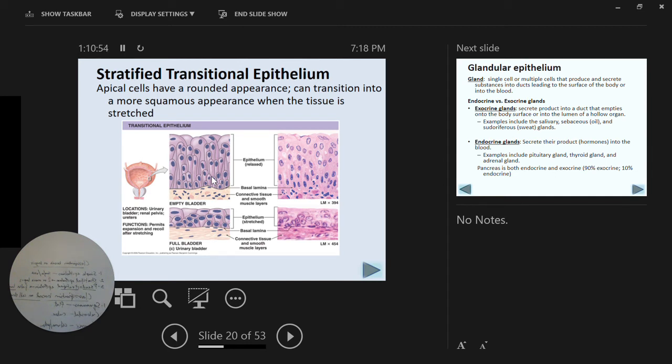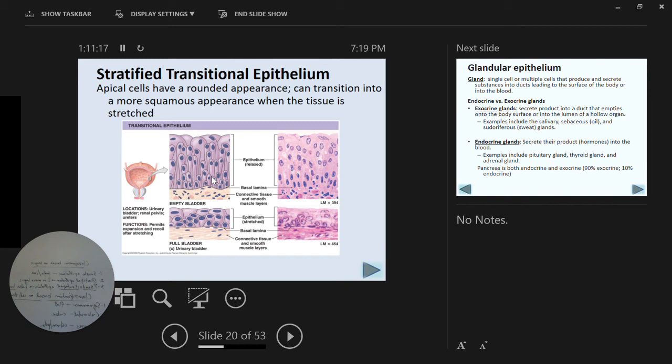A bladder that is empty will look like this. But think about this is the bladder, right? The cells appear like this when it's just relaxed, when it's empty. But by the time it's full, it's going to stretch to accommodate the urine, right?